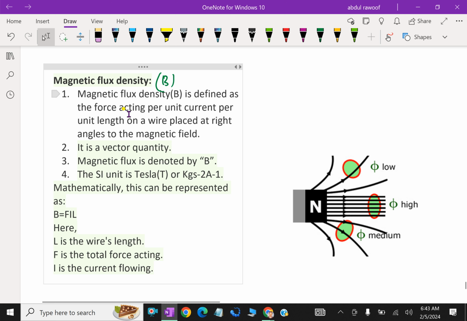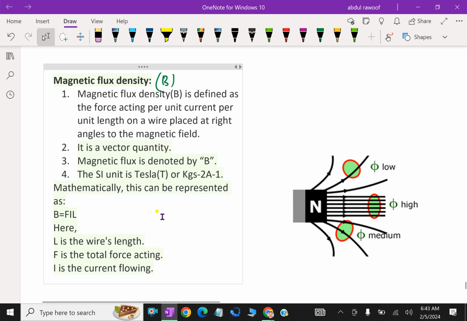That means force acting per unit current per unit length of a wire. It is a vector quantity, meaning direction is considered. Magnetic flux density is denoted by B. The SI unit is Tesla or kg s^-2 A^-1.